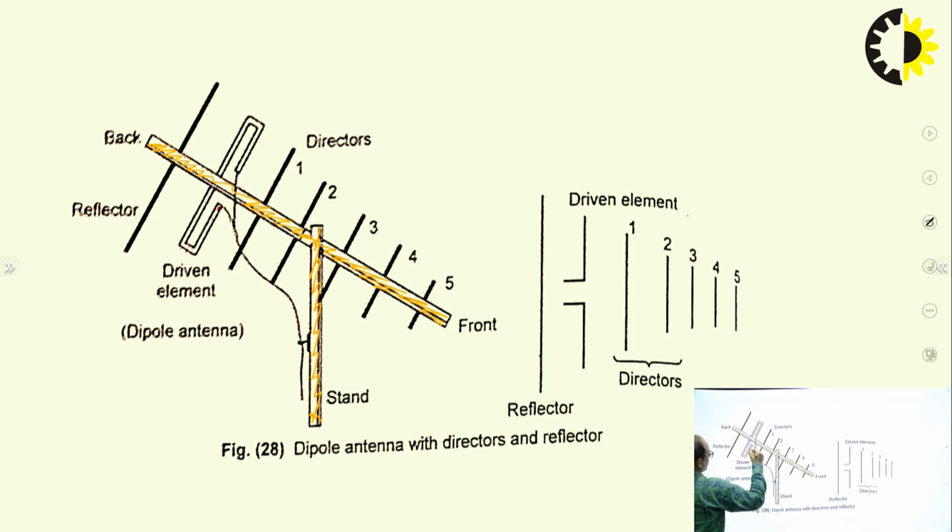This is a dipole antenna, a folded dipole antenna, which is described in the figure. And the main power, the power which is supplied to this driven element, is connected to the TV set.